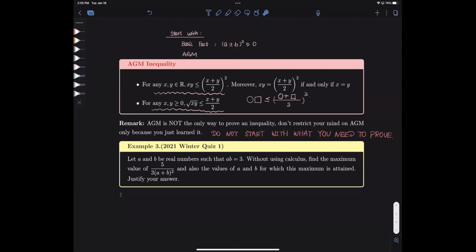Also, you should know that for AM-GM, equality holds if and only if x equals y. This is also important. You should know this because a lot of times we will ask you to check. When do you need to check? If the question asks you to check, or the question asks for a maximum or minimum value.